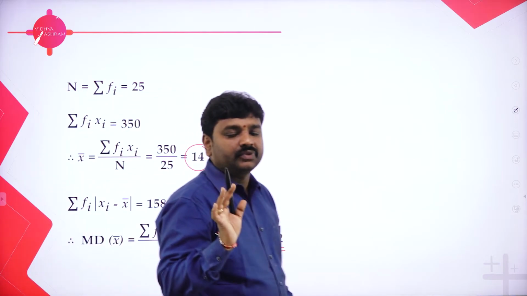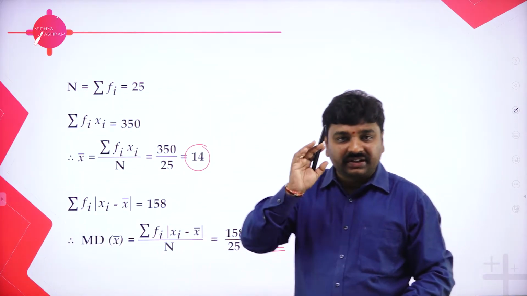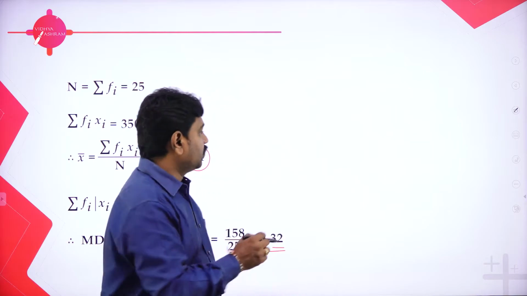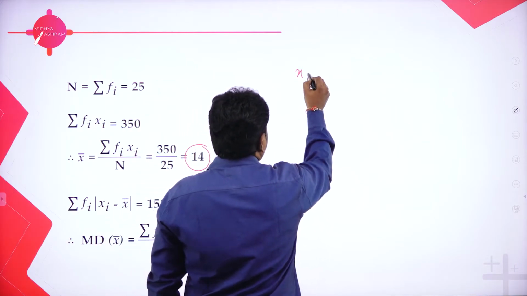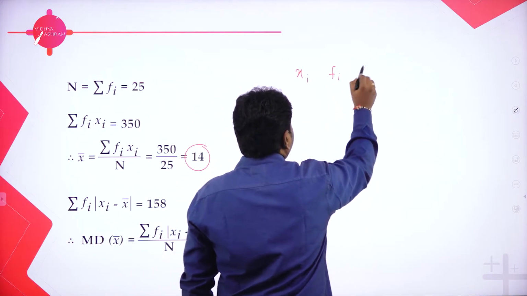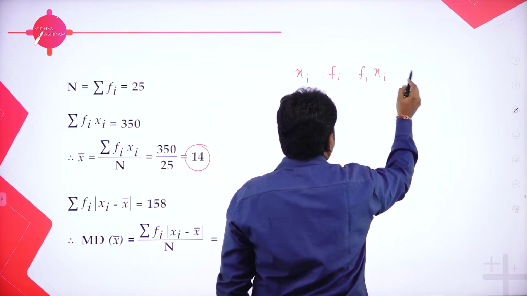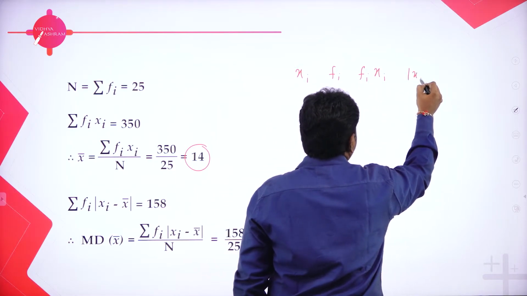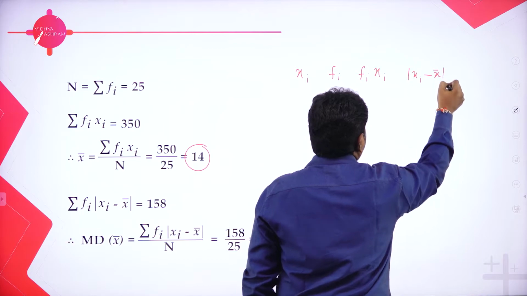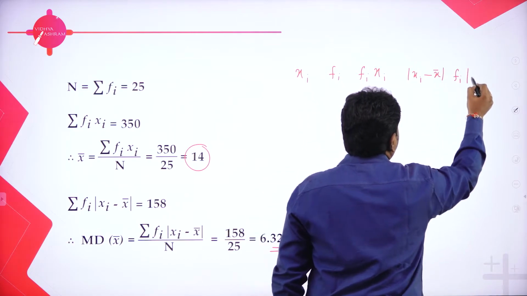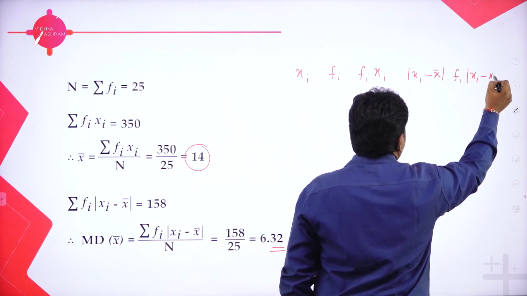So simple. Making the column, making the table. In the table, what are the entries? First is xi, the observations, then the frequency, then fi into xi, then modulus of xi minus x bar, then fi into modulus of xi minus x bar.